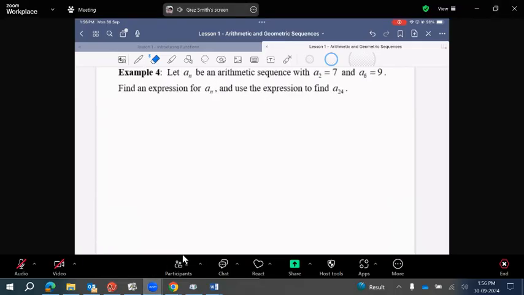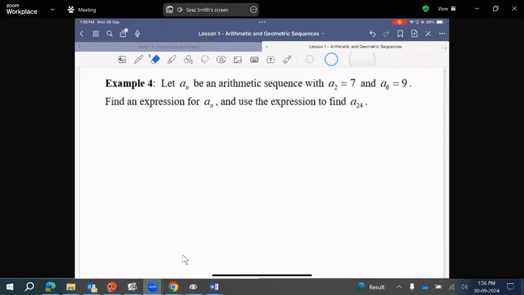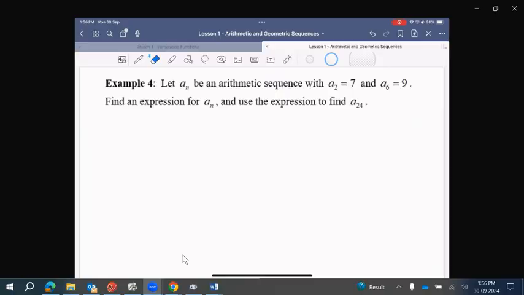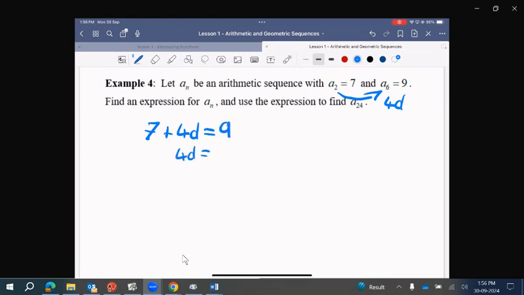So, first up, how many lots of D are there in order to get from A2 to A6? There's 4 lots of D. So 7 plus 4 lots of D will equal 9. So that means 4 lots of D is equal to 2. So D has to equal a half.